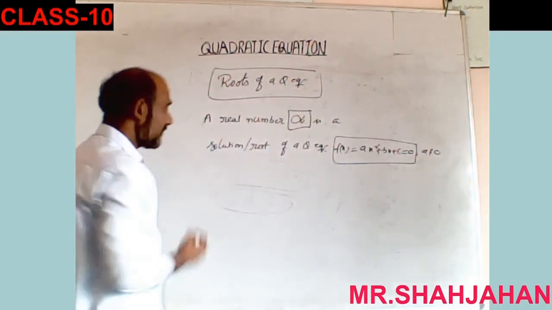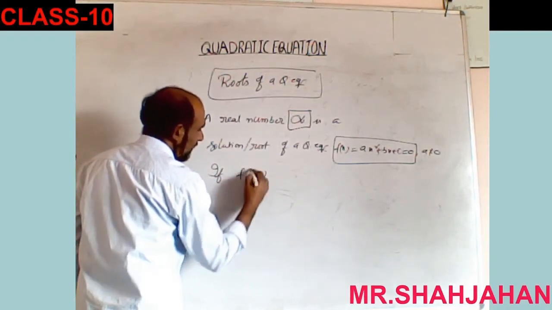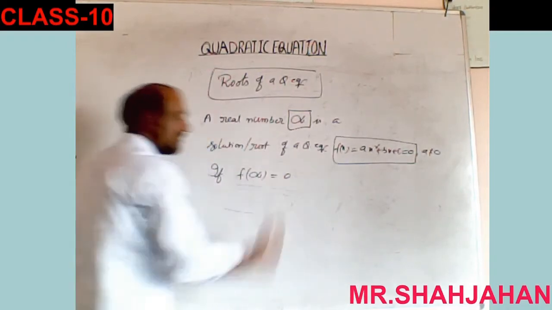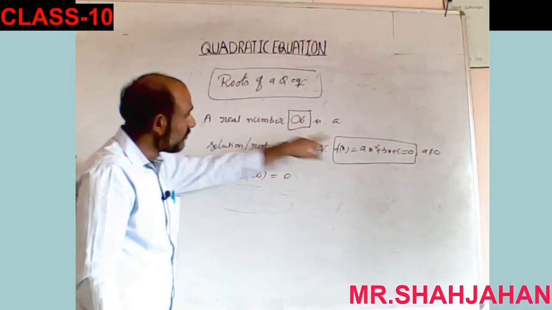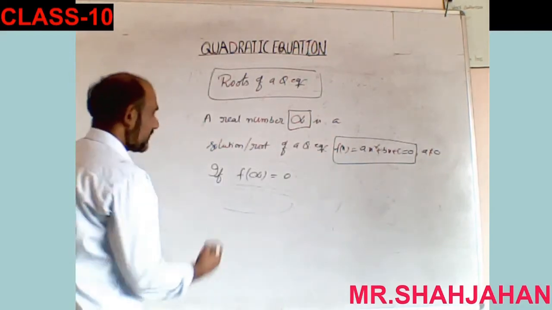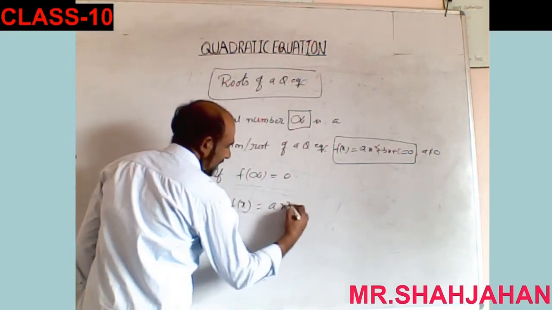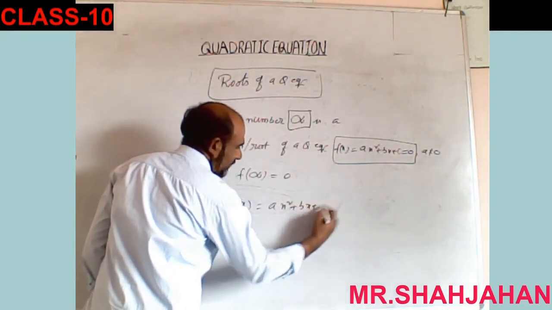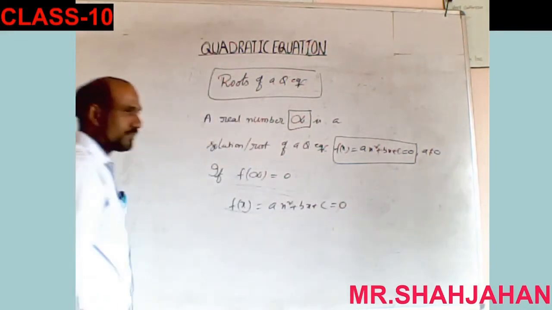When, how is it possible? If f of alpha is equal to 0, then only we can say alpha is the solution of this quadratic equation. How is it? You see, f of x is equal to ax square plus bx plus c is equal to 0. Clear?